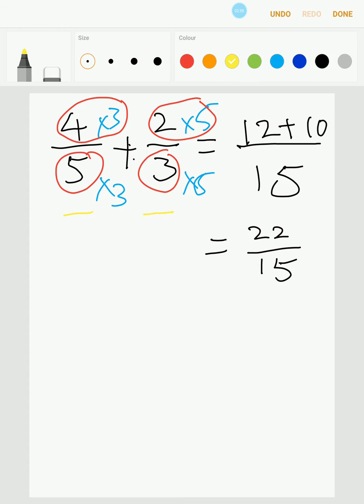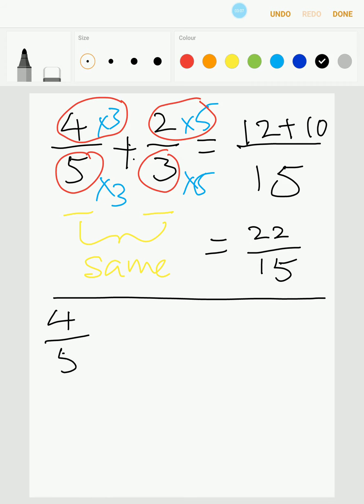Alright, so if we are adding fractions with different denominators, we have to make the denominator the same. Okay, now same for subtraction. What if we do subtraction? Same thing, 4 over 5 minus 2 over 3. I multiply to make the same denominator, times 3 and times 5.